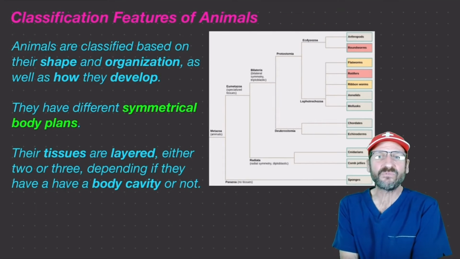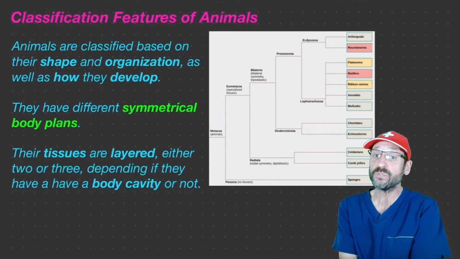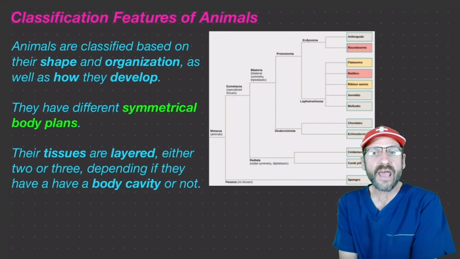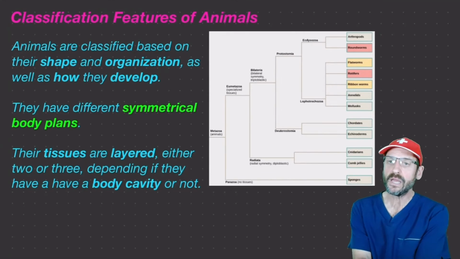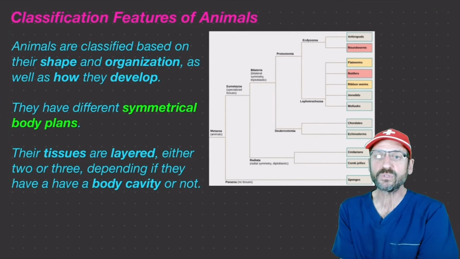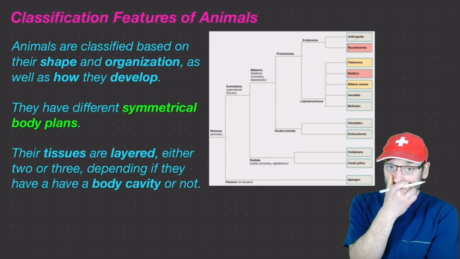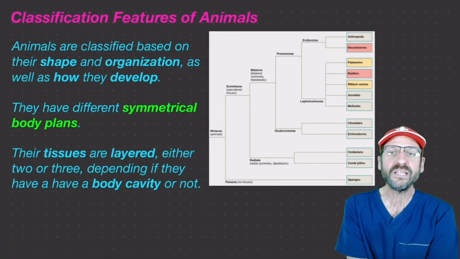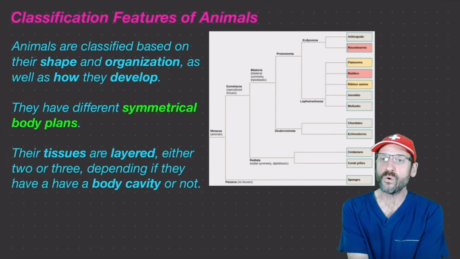Animals are classified based on their shape and organization as well as how they develop. They have different symmetrical body plans and also tissues. Animals come in layers of tissues. They have 2 layers or 3 layers, depending on whether they have a body cavity or not.